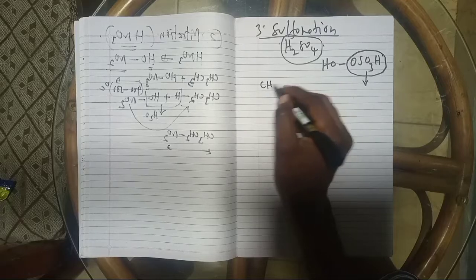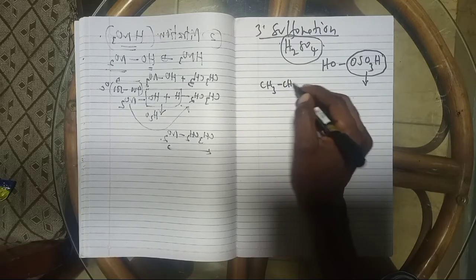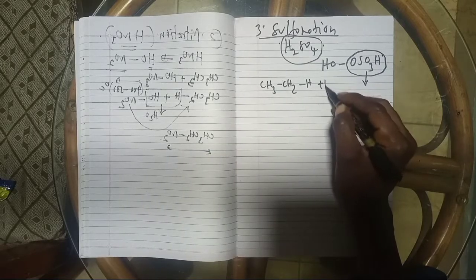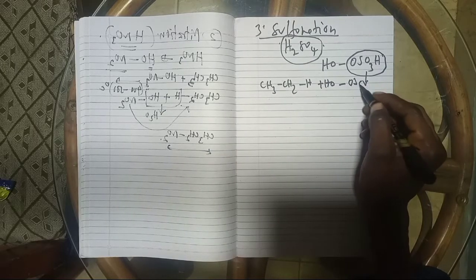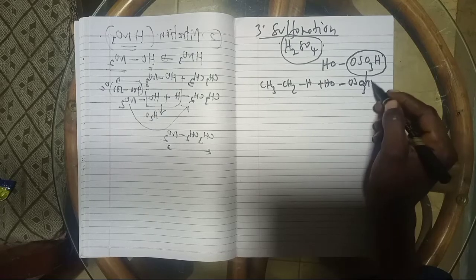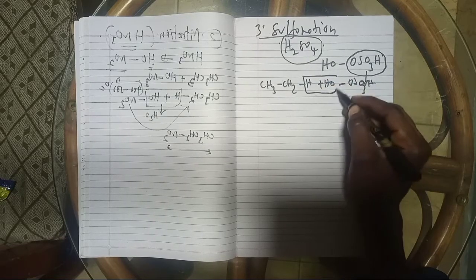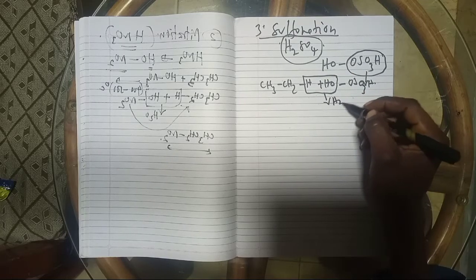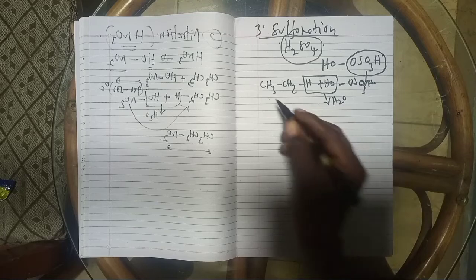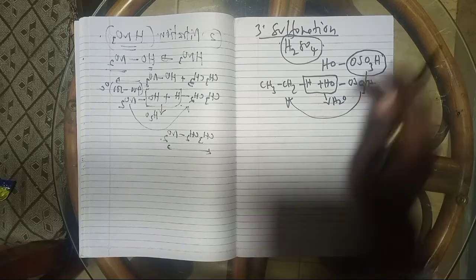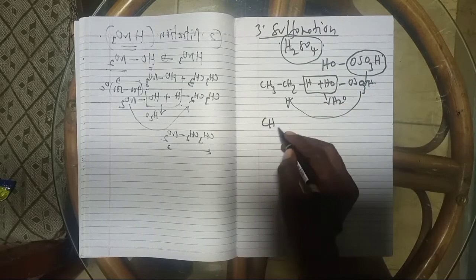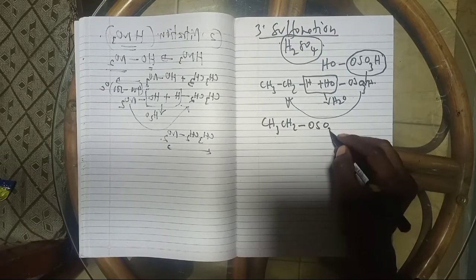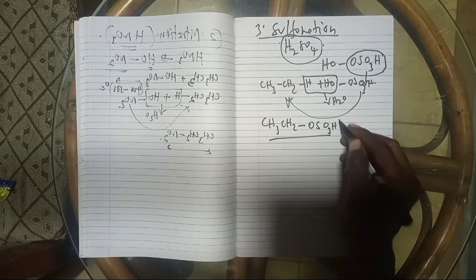Kwa maana hiyo hapa unakuwa na this one, then CH2, and then we have hydrogen ambayo hii hapa plus H, this one and this one, then 3 here H. Kwa hii hapa inaungana kwa pamoja, inatengeneza water. Kwa kuna kuwepo na production of water, halafu hii inakuja inakuwa connected na hii hapa group ambayo inakuwa attached kwenye CH2, and then this SO3H.